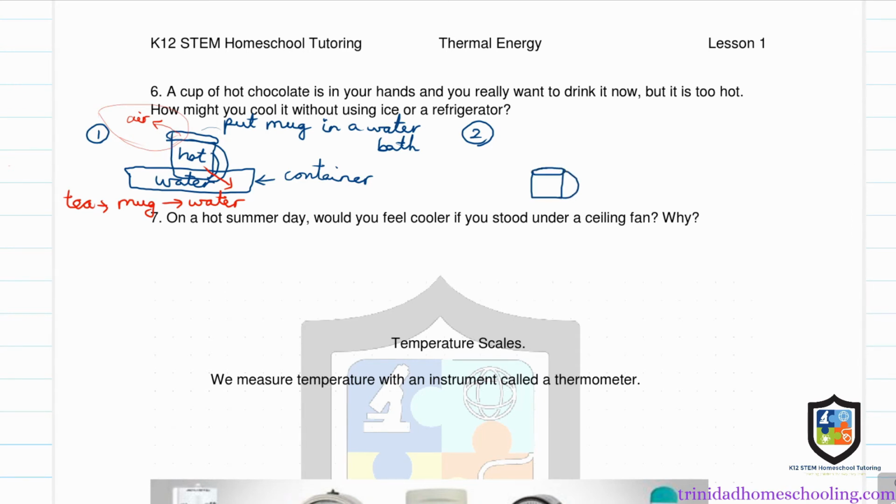The second way to cool down hot tea is by using 2 cups. My original cup here with my hot tea, and I have an empty cup here. And what I will do is pour the tea into this cup and then pour it back into this cup, back and forth.